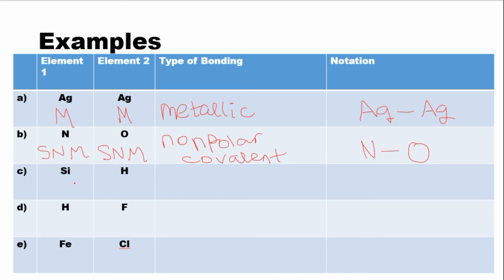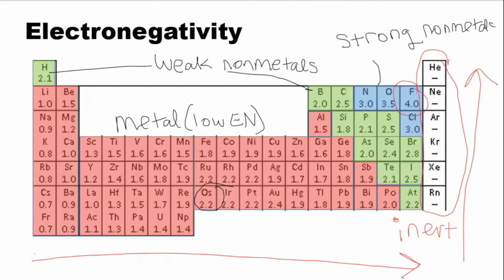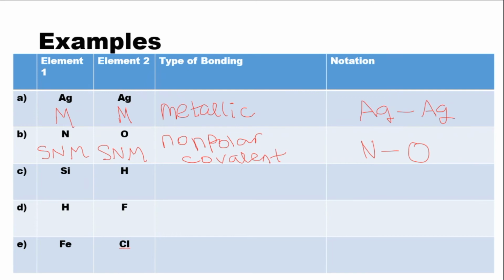All right, you have silicon and hydrogen. So silicon, if we go back to the periodic table, is right here. So silicon is in the center in the green, right? So 1.8, and hydrogen is 2.1. They're both weak nonmetals.